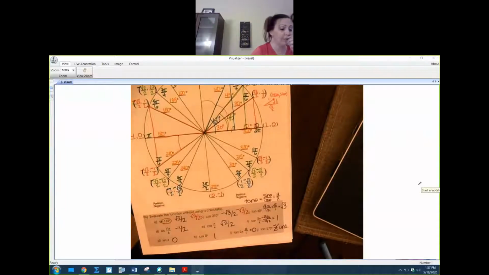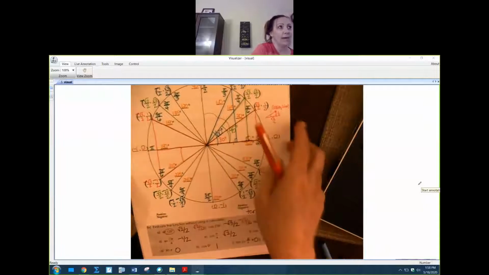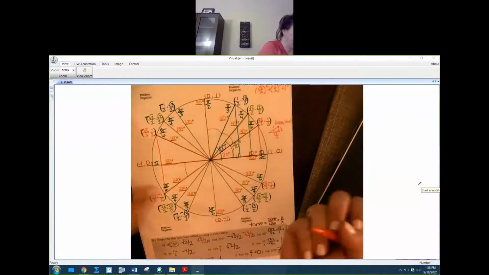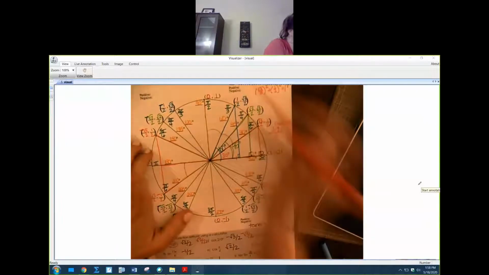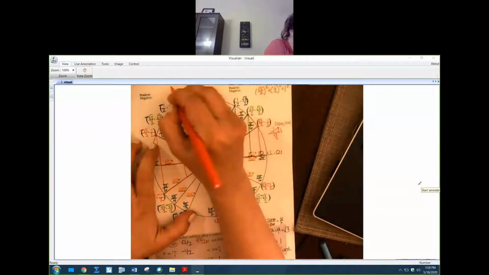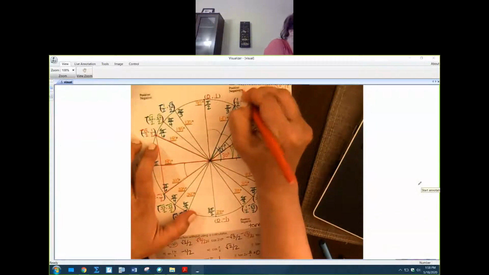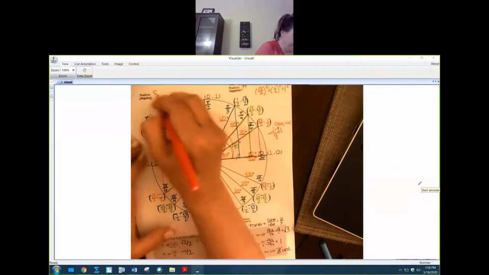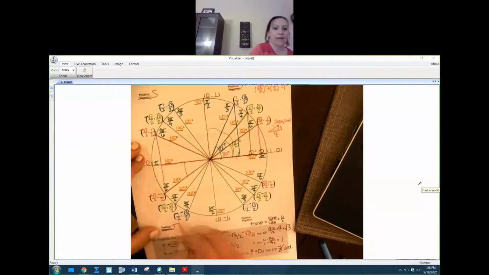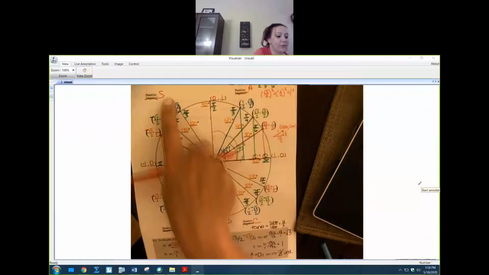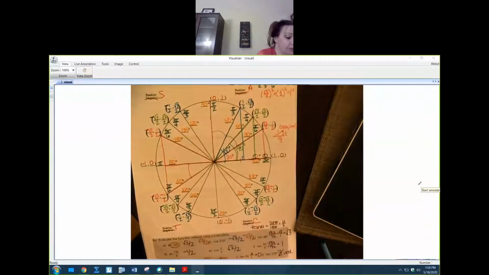Oh, I should talk to you about that too. So as far as the signs, you could think about the X and Y signs, but also there's this thing, and I think Miss Oliveira talked about it in her video, but it's basically All Students Take Calculus. Okay, so that idea of All Students Take Calculus tells you what trig functions are positive in that quadrant.